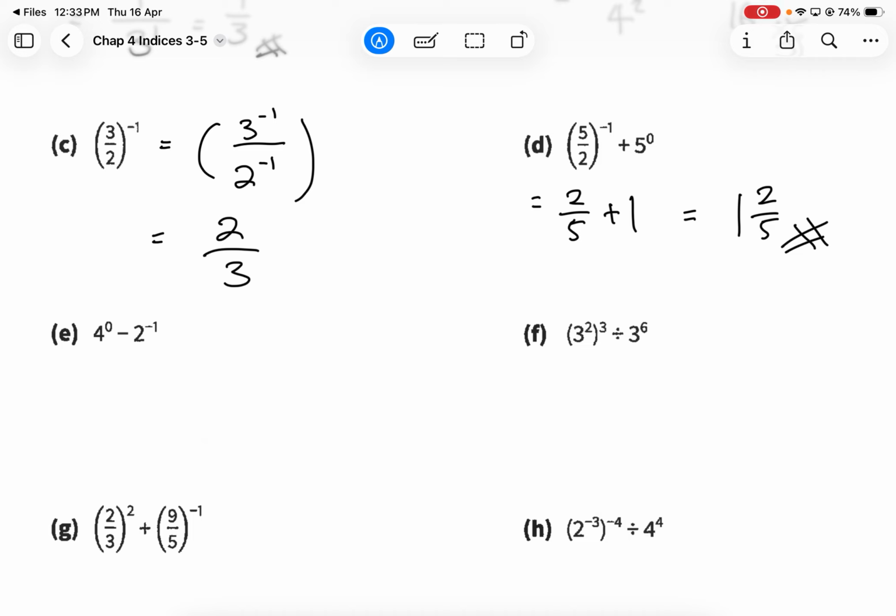Every time the numbers will be different, but every time the thinking is the same. Try E, F, G, H. They all play around with the same two ideas.